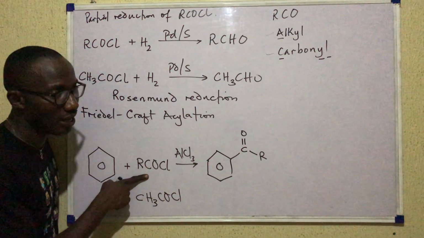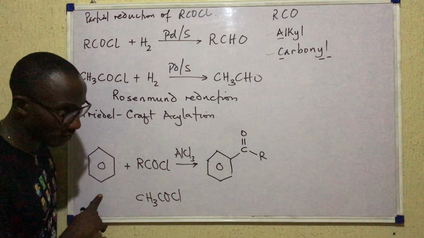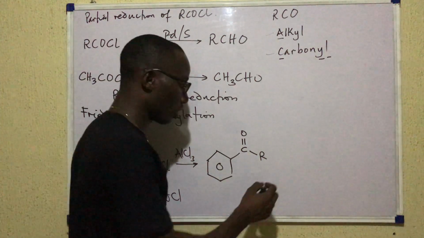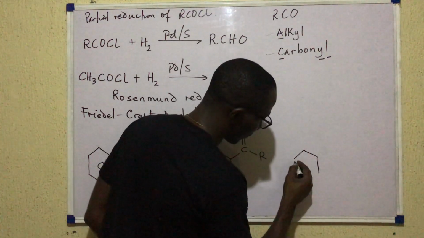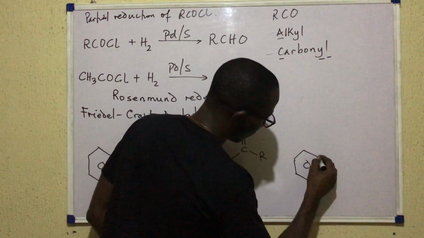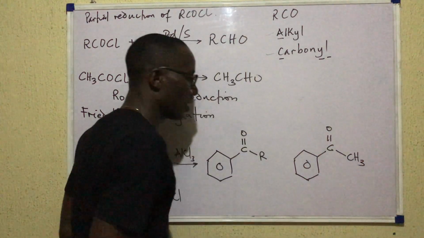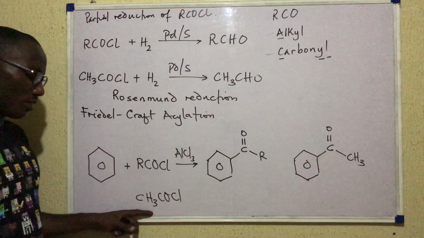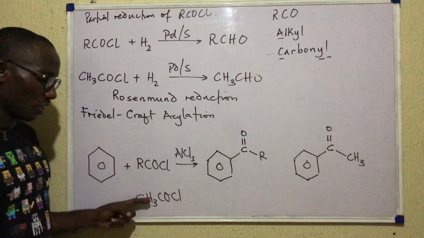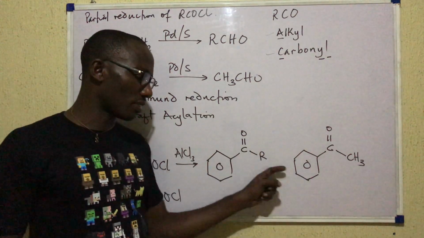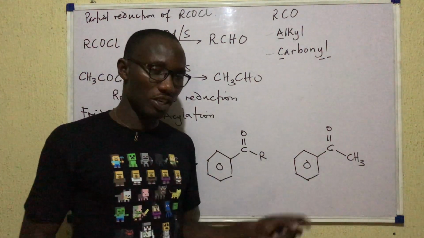So imagine that I were to carry out this reaction using CH3COCl as my acid chloride reacting with benzene in the presence of aluminum chloride. It means that this product would have been like this. Yeah, it would have been like that because if you compare these two, you see that R is CH3. And since R is CH3, it means going to that side, R also becomes CH3.